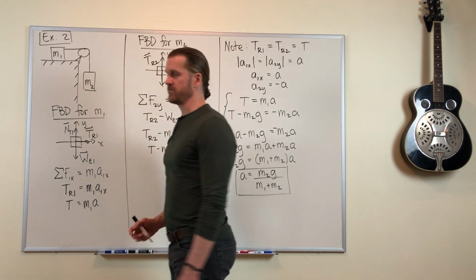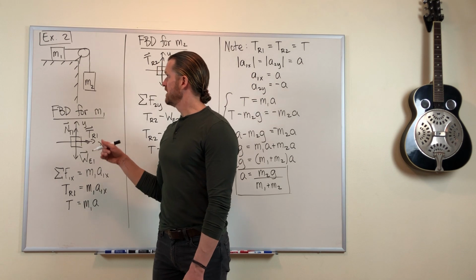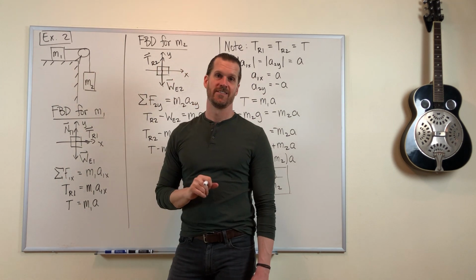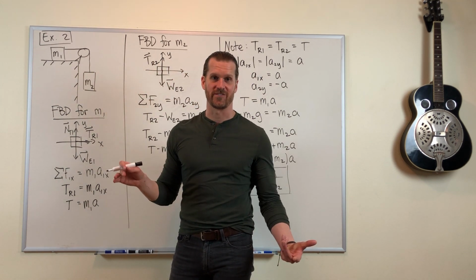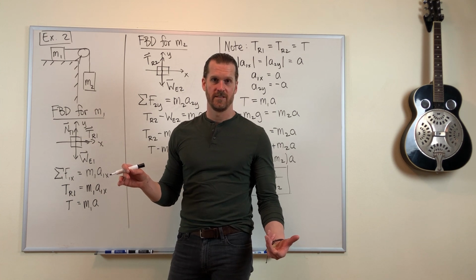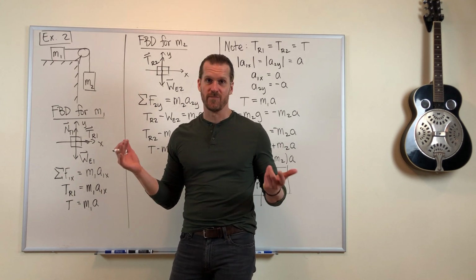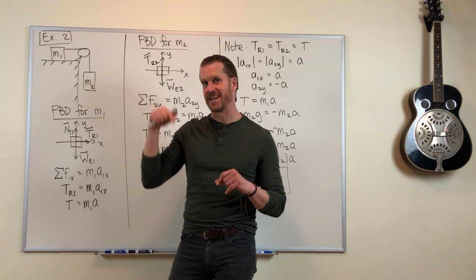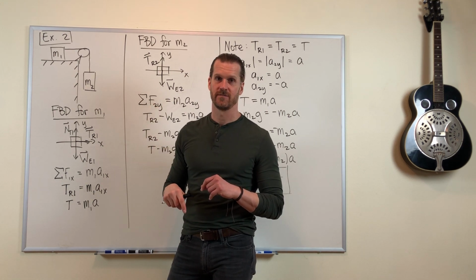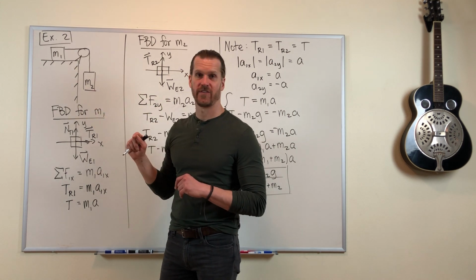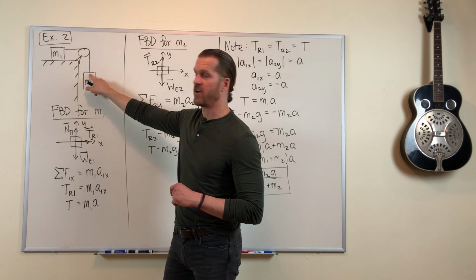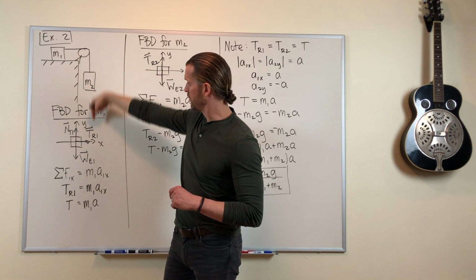Going back to this picture, if we just think of a broad perspective about what's going on, the reason why the system moves is because gravity is pulling down on mass 2. That's the only reason why this thing would move. Gravity is pulling this object down. That causes mass 2 to fall.